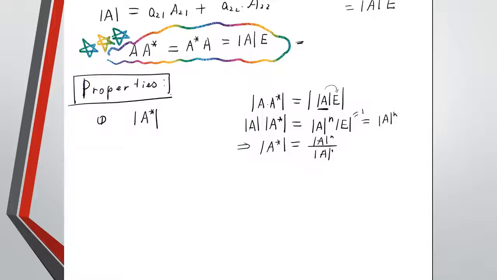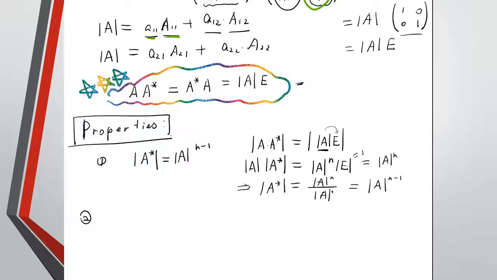So from your basic algebra knowledge, we can simplify it as A's determinant to the power of n minus 1. Okay, so just remember this one: A's adjoint matrix determinant equals A's determinant to the power of n minus 1.